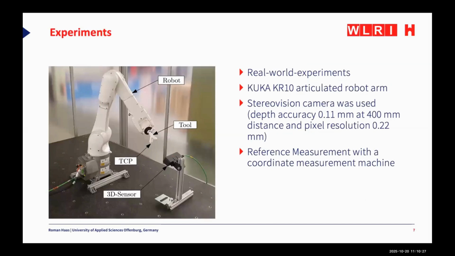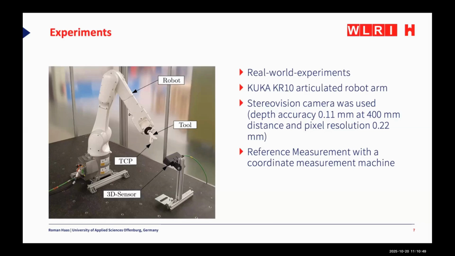We also did real-world experiments with a KUKA KR10 articulated robot arm. We used a stereo vision camera with a depth accuracy of 0.11 millimeters and a pixel resolution of 0.22 millimeters. And we also did a reference measurement of the TCP.